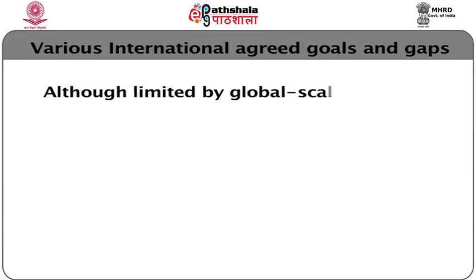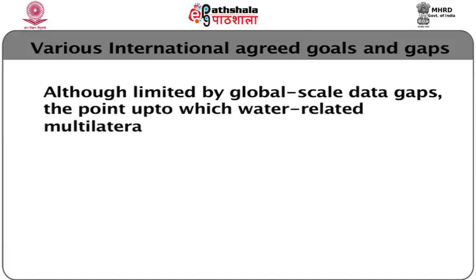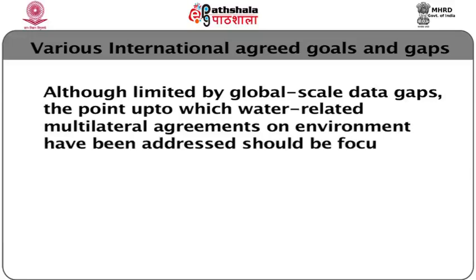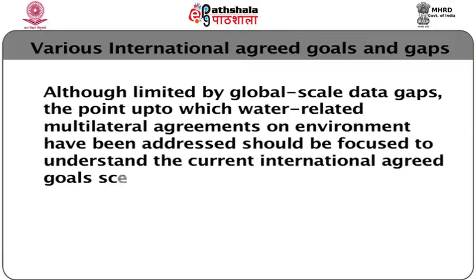Although limited by global scale data gaps, the extent to which water-related multilateral environmental agreements have been addressed should be examined to understand the current scenario of internationally agreed goals.